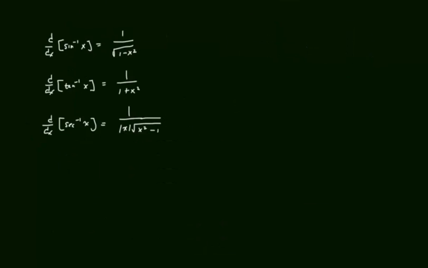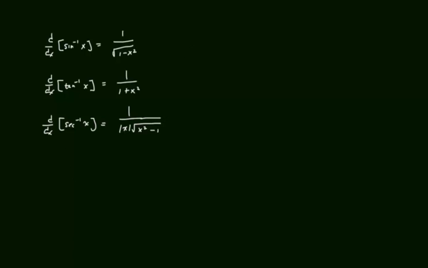To summarize, I've written the derivatives of 3 of the inverse trigonometric functions, and you might think to yourself, why has he not drawn out or written the derivatives of the other trigonometric ones? Well, the reason is as follows.